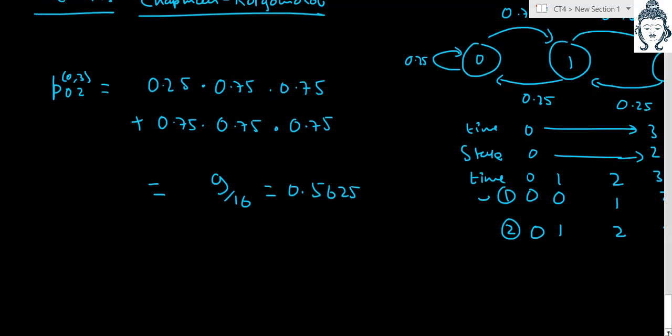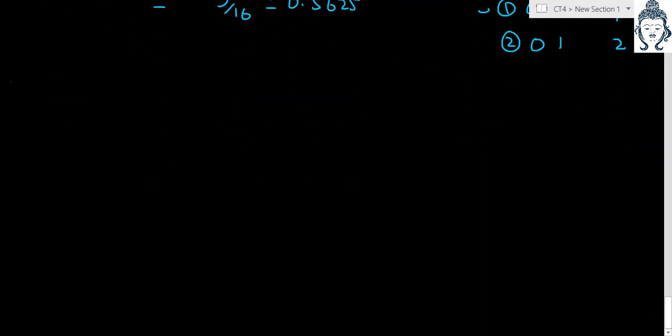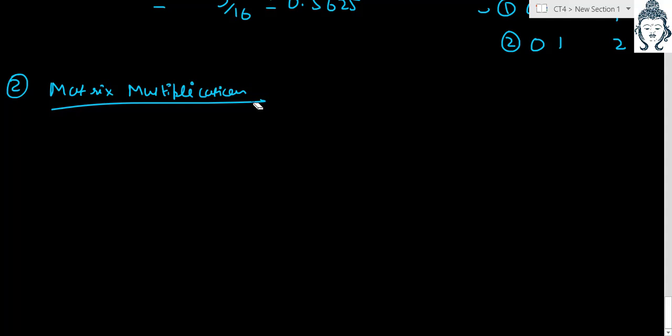Okay, let's see the second method. The second method is matrix multiplication. For this you will have to remember how to multiply matrices.